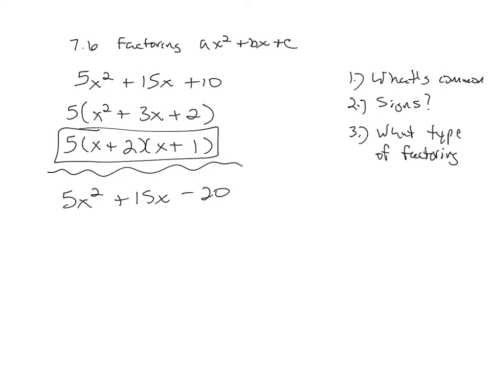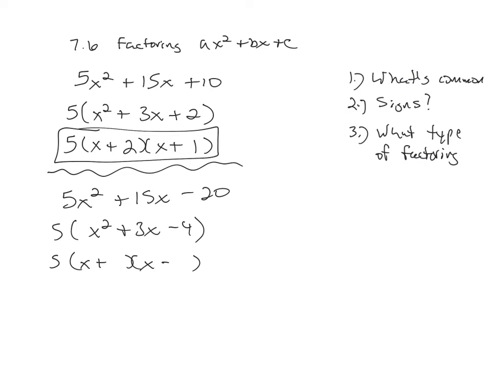Okay, so on this one, take away 5, x squared plus 3x minus 4. When we do our parentheses and figure out the signs, the last term is negative. That means one of each. So this one is what times what is 4 that subtracts to equal 3.